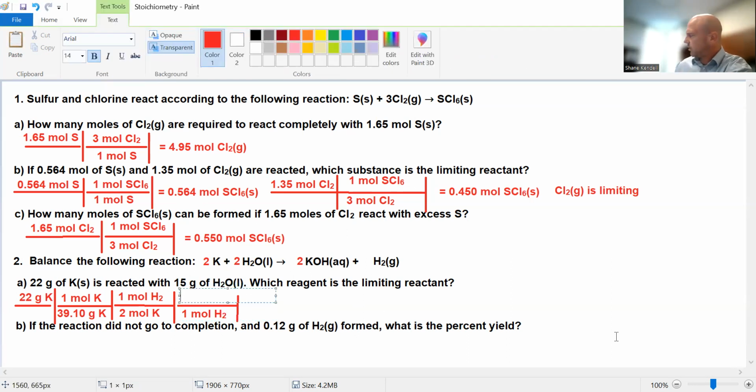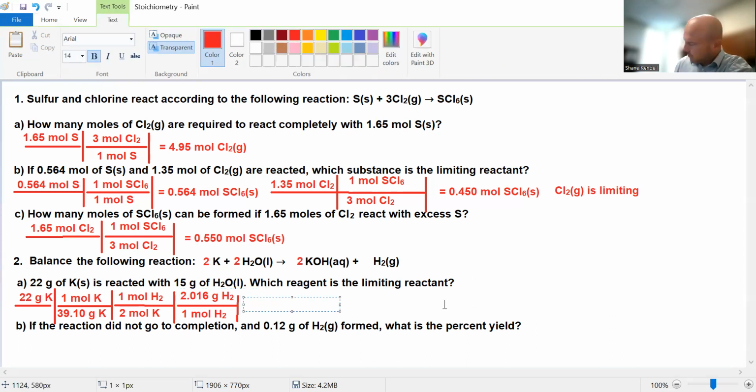And so if a single H is 1.008 grams per mole, then I've got 2 of those for an H2. So 2 times 1.008 is 2.016. So I've got 2.016 grams of H2.